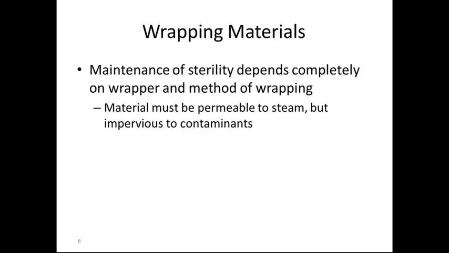Wrapping of materials. Maintenance of sterility depends completely on the wrapper and the method of wrapping. So it is important to wrap instruments properly and using the proper materials. Materials must be permeable to steam but impervious to contaminants.